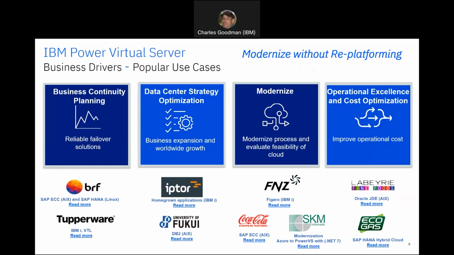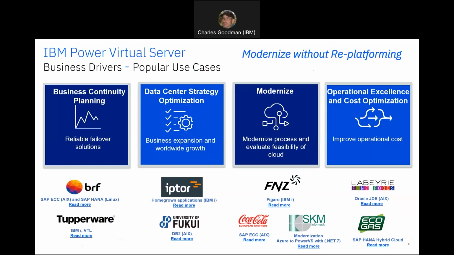We also have customers that do that between AWS or Azure and Power Virtual Server, with the database residing in one location. We typically can get fairly low latency between those data centers and Power VS, although not as rapid as within our IBM Cloud Classic and Power VS. Since they're co-located, that performance is exceptional.